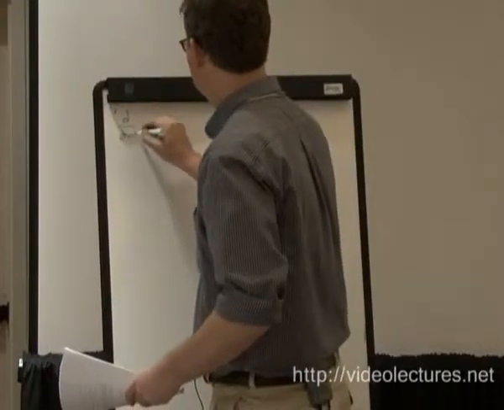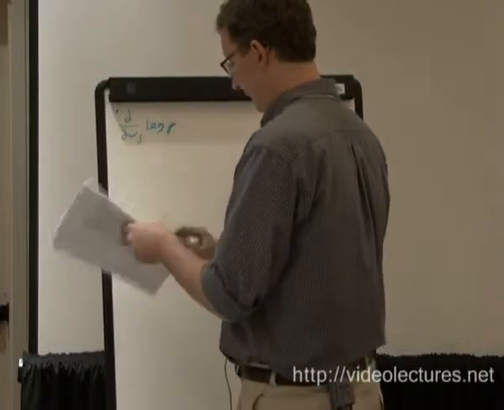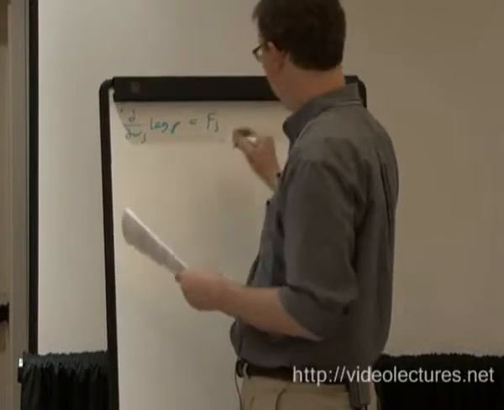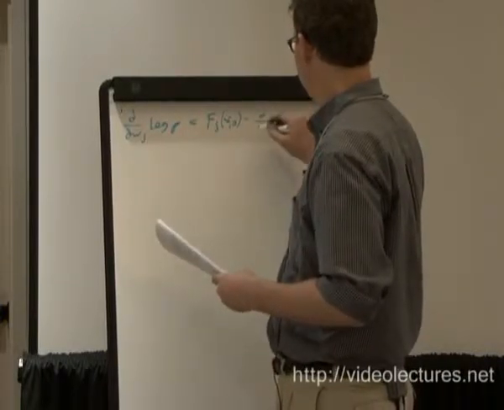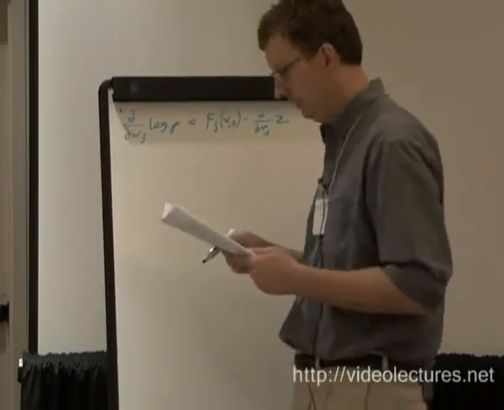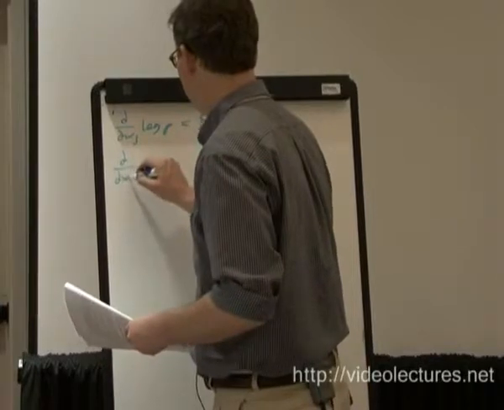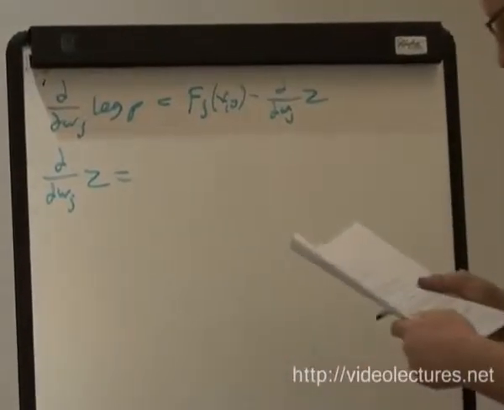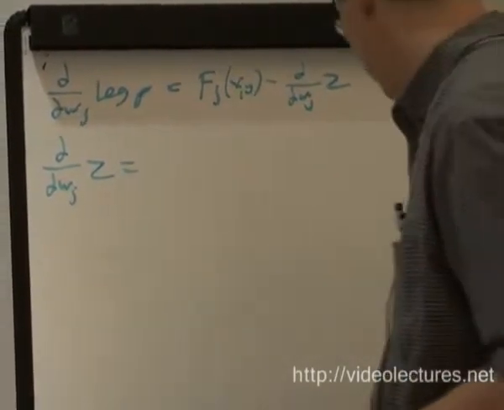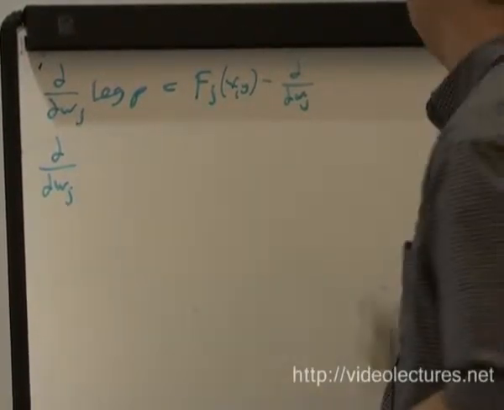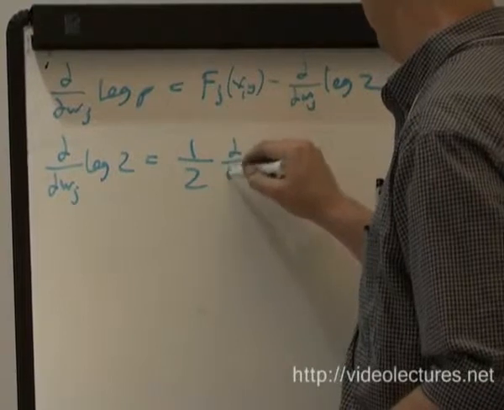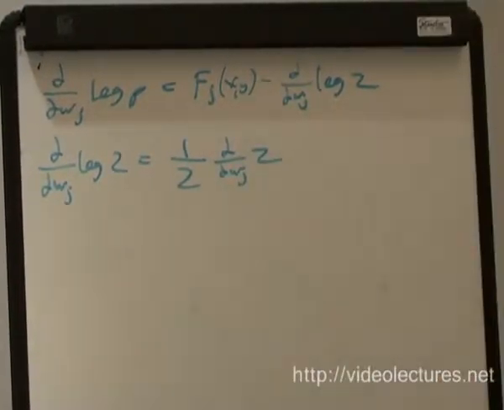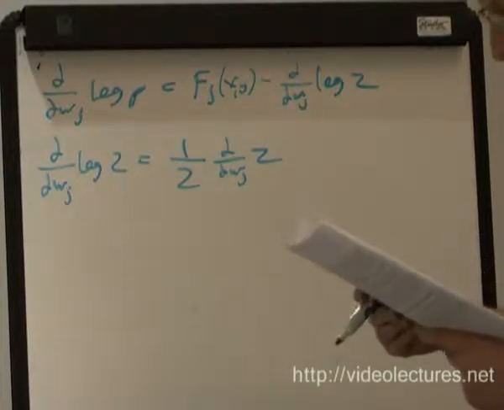So d by dwj of log p is fj of xy minus d by dwj of z, and d by dwj of z is minus d by dwj of log z. So this is 1 over z d by dwj of z.